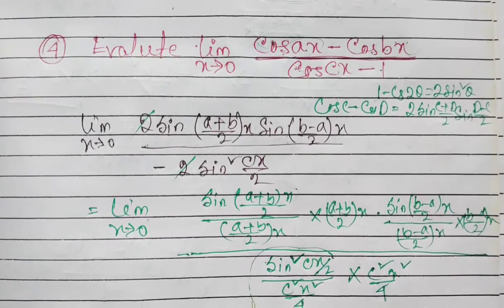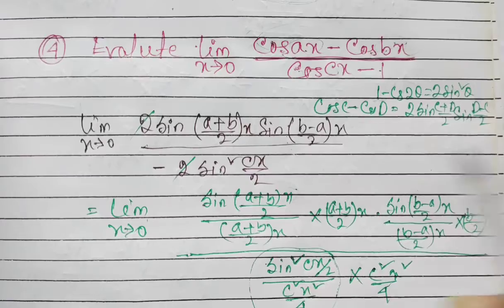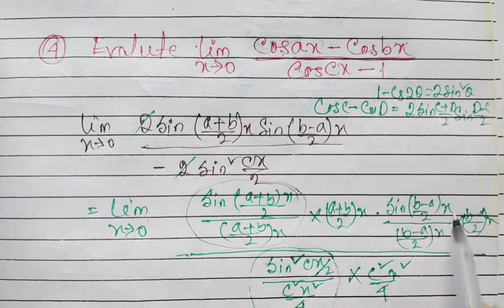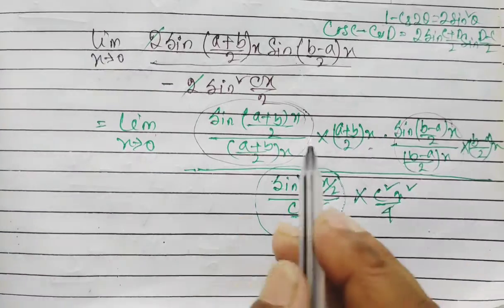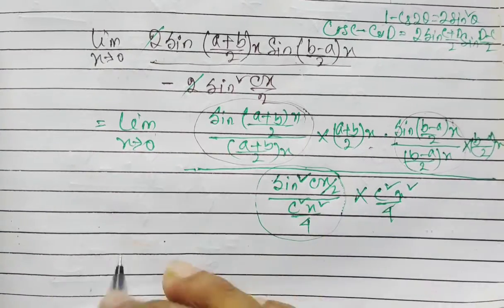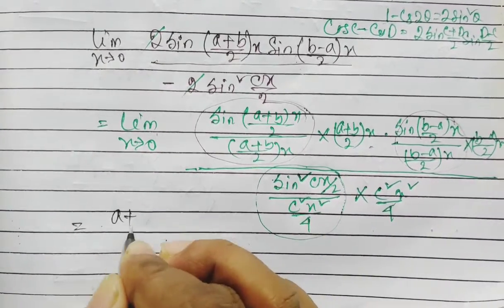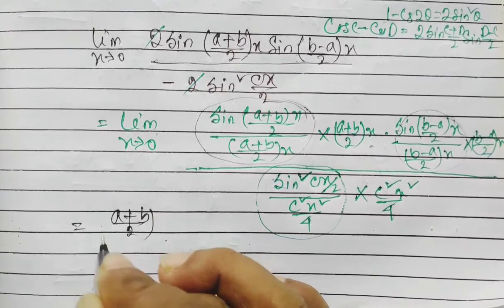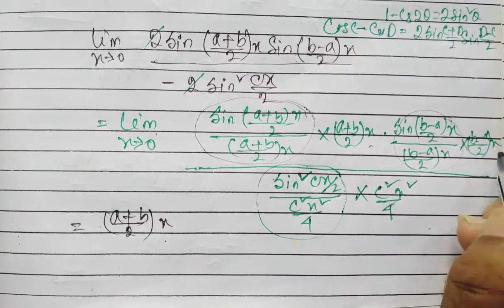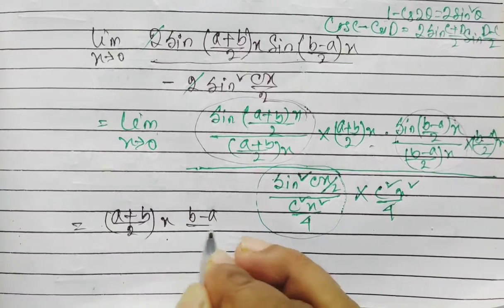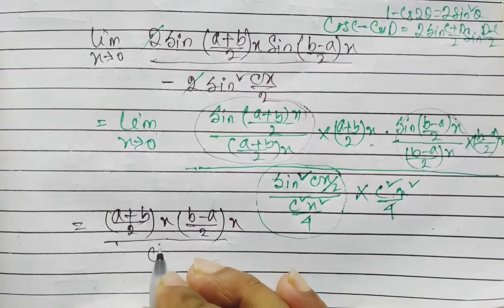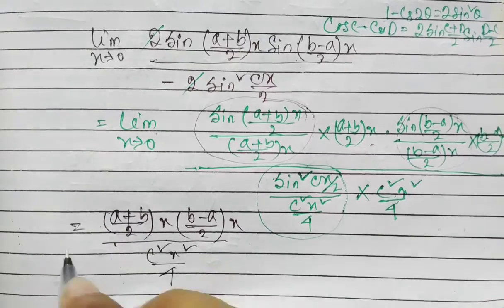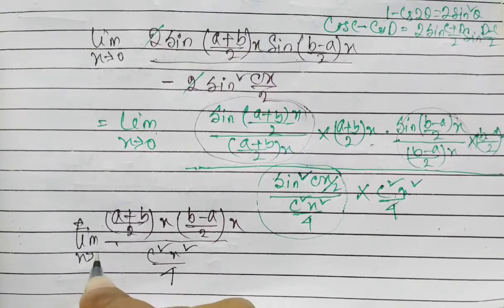Now this limit function is 1, this limit function is 1, this limit function is 1, so here is only (a plus b) by 2 into x, and here is (b minus a) by 2 into x, and in the denominator only c square x square by 4, and limit x tends to 0.